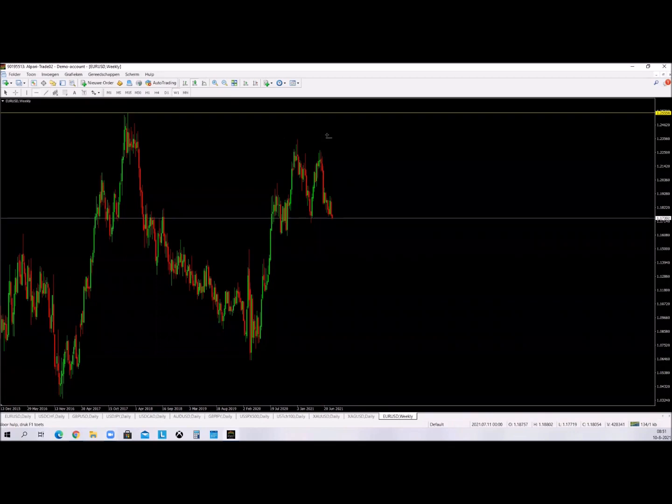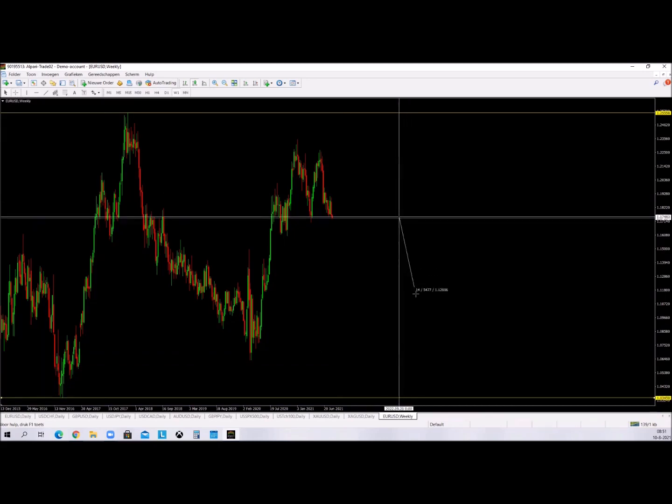On the weekly time frame, I usually want to highlight those that are closest to price action, because it doesn't make sense, at least to me, to be putting in lines all over the place when you can't expect price to reach that area anytime soon.